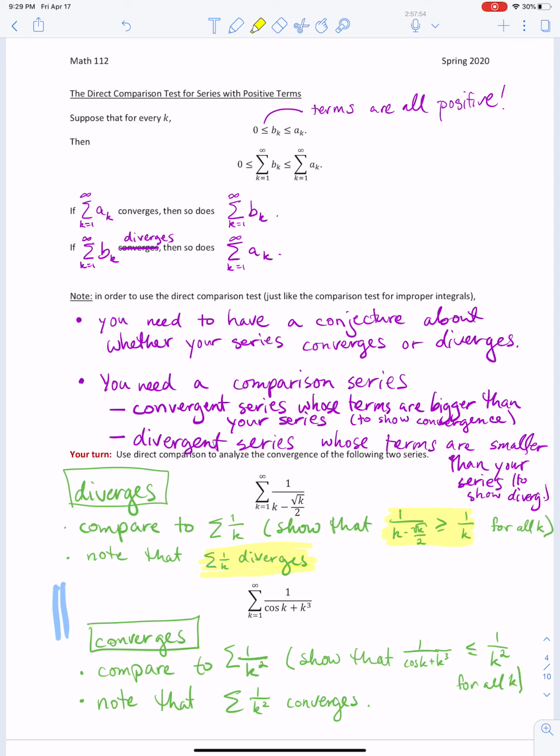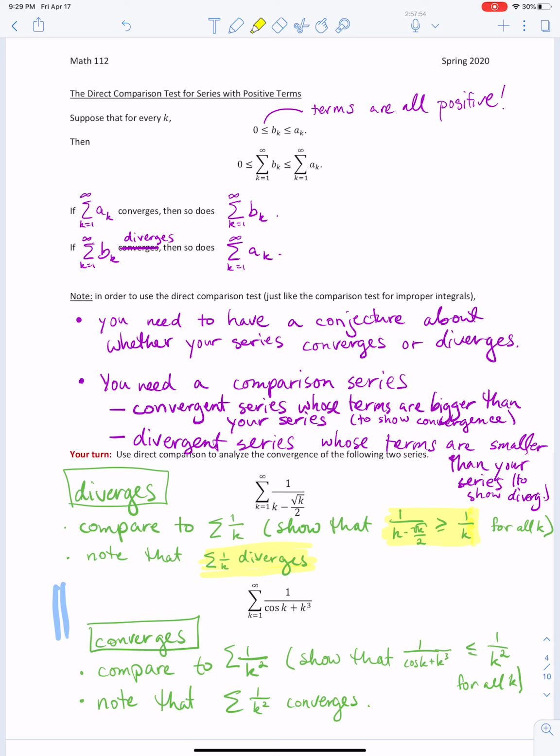In particular, we have our divergent comparison series whose terms are 1 over k, and term by term, the terms of our series all have to be greater than that divergent series. Once we have those two things, the direct comparison test tells us that our series also diverges.